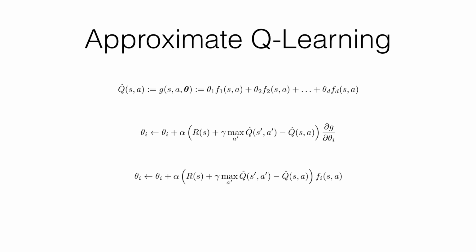So up top you have a version of an approximate Q-learning Q function, which is a linear function where we have these coefficients theta, and you have the features f. And the update equation for TD learning with Q-learning is the second line, and that's the general form.